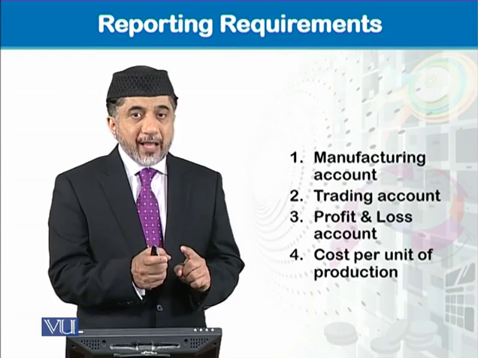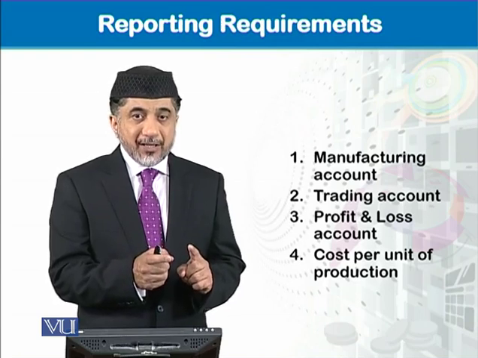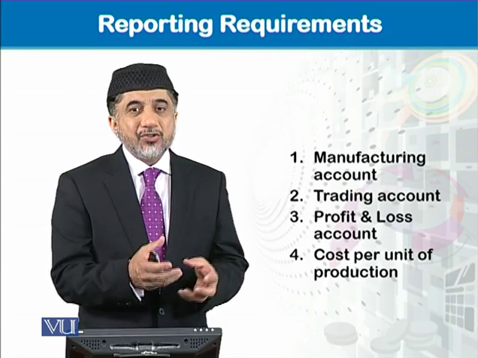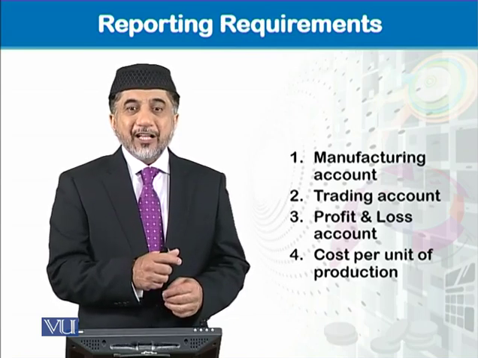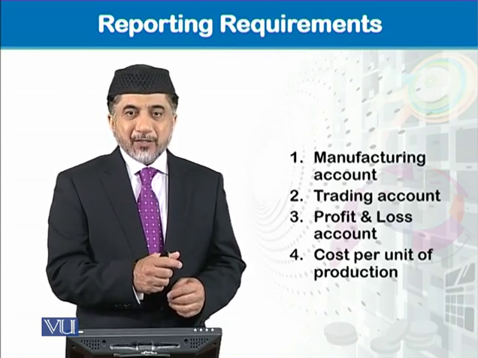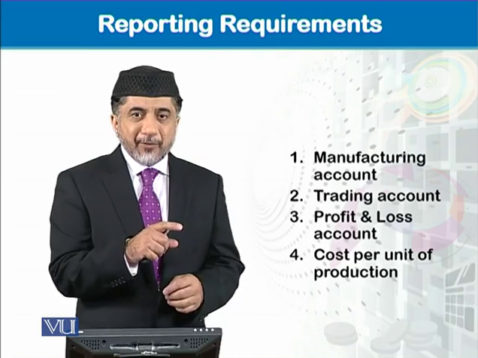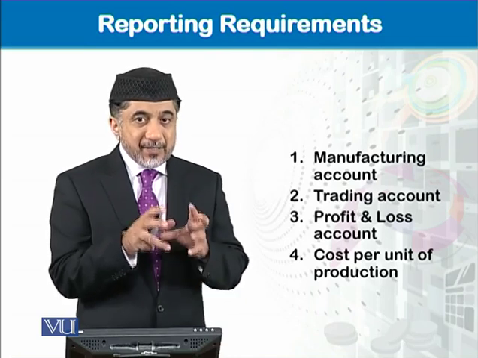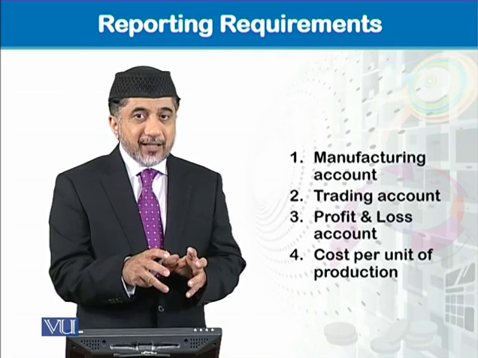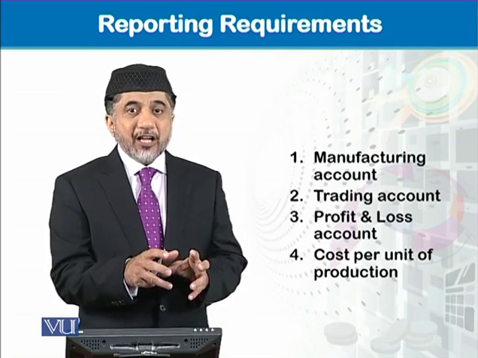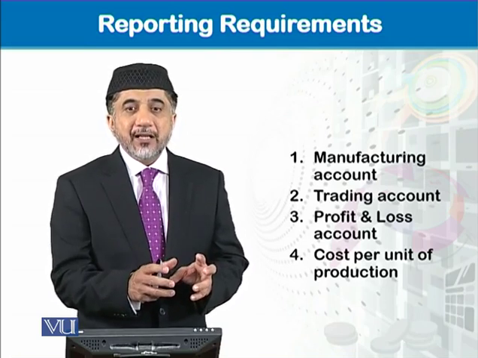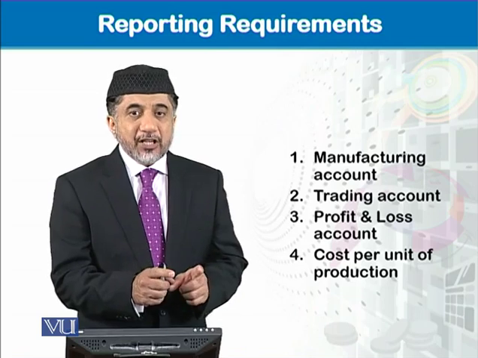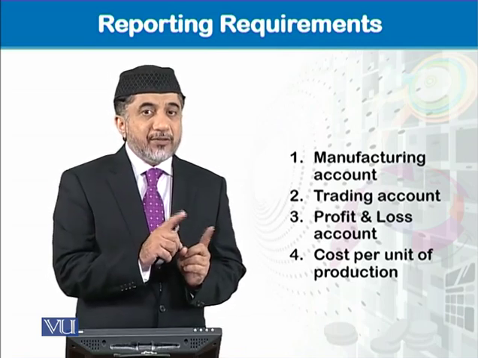And along with that labor cost, some overhead cost is also expensed out over there. So all this information is presented in manufacturing account, and then that manufacturing account produces an information which is transferred to the trading account.